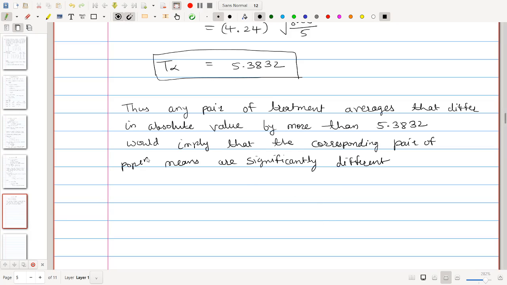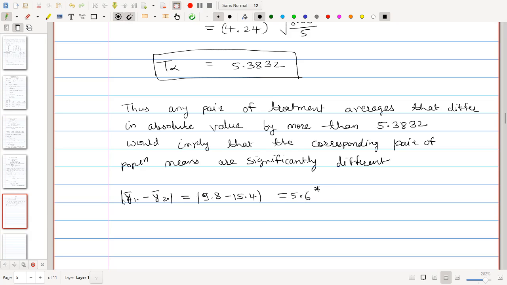So take the first one, the absolute difference of y bar 1 dot minus y bar 2 dot. In this case we are actually testing whether mu1 is equal to mu2 or not. So y bar 1 dot is 9.8, so 9.8 minus 15.4 will be 5.6. Now 5.6 is greater than this one, that's why I am giving a star here.